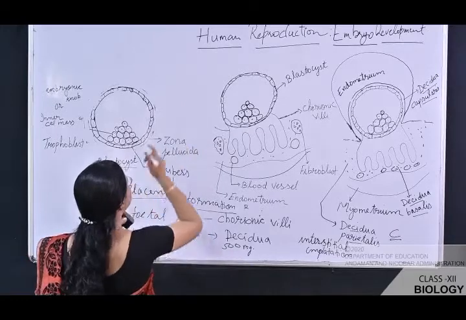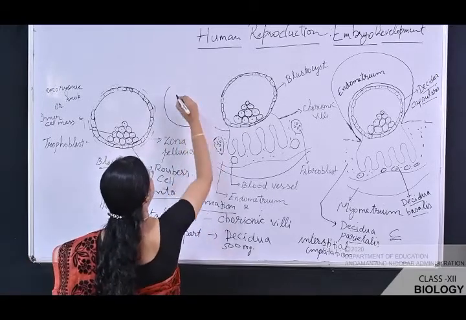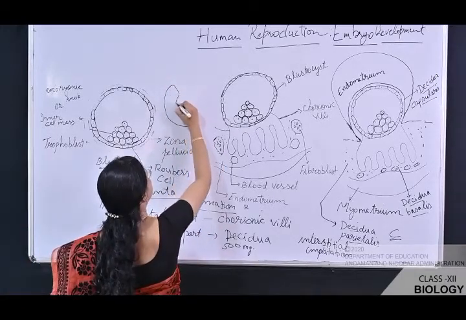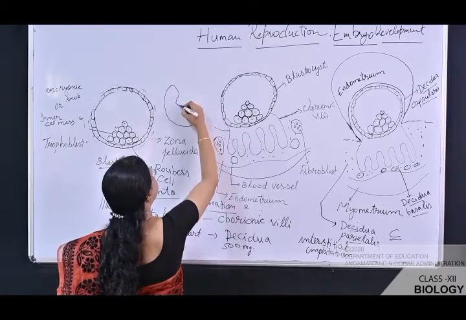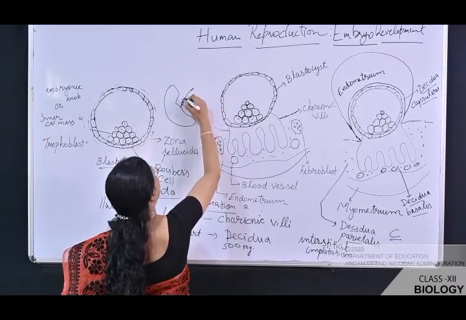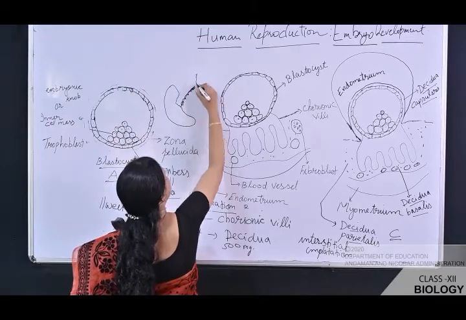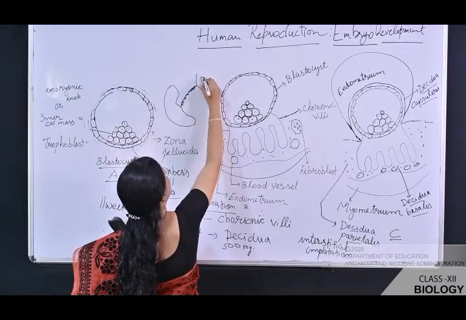We can see here, suppose this is a developing embryo. It is connected with a cord-like structure. Suppose this is the placenta.